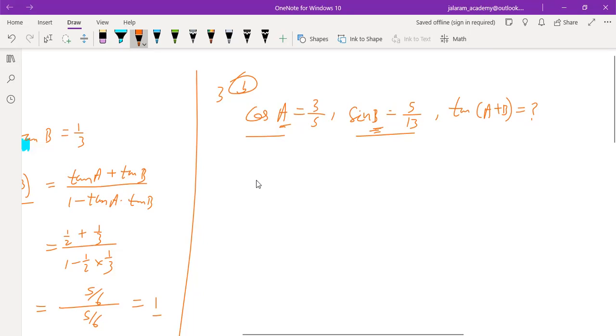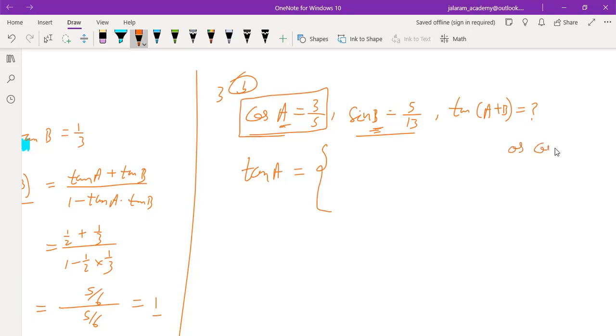First we will find tan A. So what will be the value of tan A? Remember, there will be 4 values of tan A. Or think about this: in which quadrant is cos A positive? Can you tell? Cos A equals 3/5, which is positive.